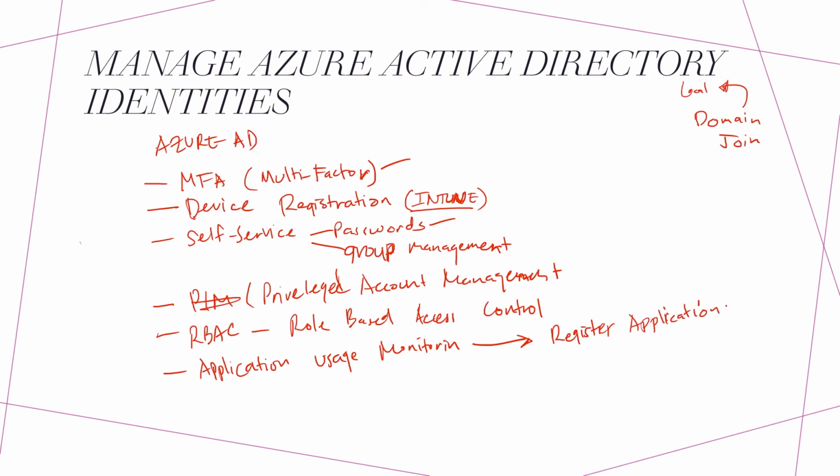So this is like an equivalent of creating an application object. Let's say you are developing something and you want to use Azure AD as the identity provider. You can register the application in Azure AD and then do actual usage monitoring for your application.